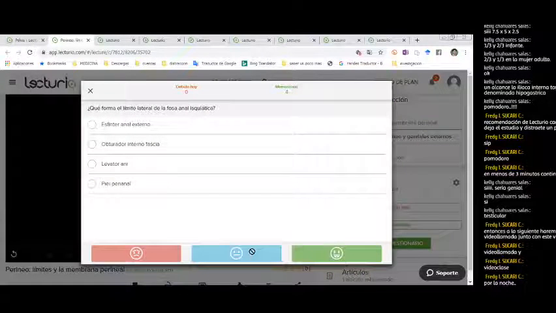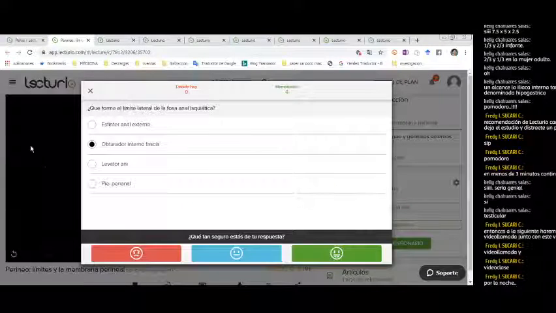¿Qué forma el límite lateral de la fosa isquioanal? Límite lateral de la fosa isquioanal. El obturador interno, la fascia del obturador interno, por ahí baja, ¿no?